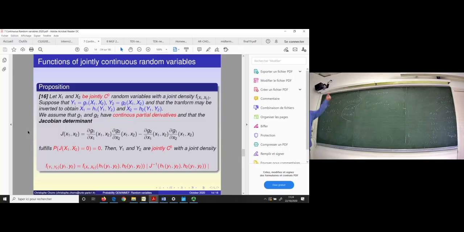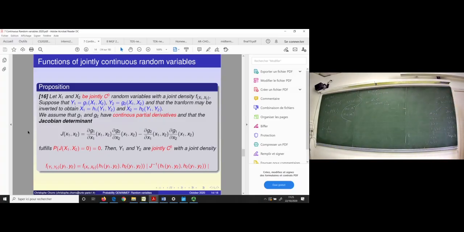It's important to have this in mind because at one time I will have to invert something. If I say nothing about the set of definition and the set of the possible values, I will have some problem in order to invert, for sure. So here it means that my set of definition for X and Y is R plus star times R plus star, because the set of the possible values for the random variables are the strictly positive real numbers.